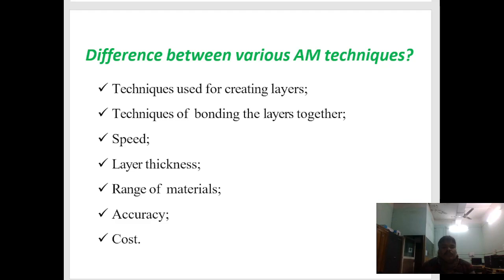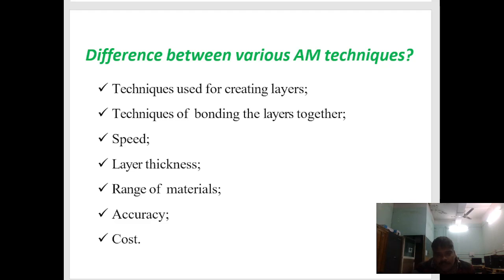Difference between various additive manufacturing techniques. Lots of additive manufacturing techniques are there, by using laser, by using electron beam, by using wire arc. So what are the characteristics on the basis of which lots of techniques are used in additive manufacturing: techniques used for creating layer, technique of bonding the layers together, speed, layer thickness, range of material, accuracy, cost.